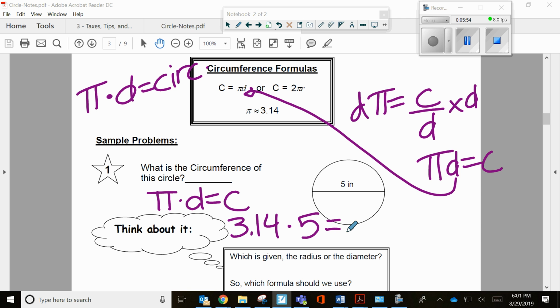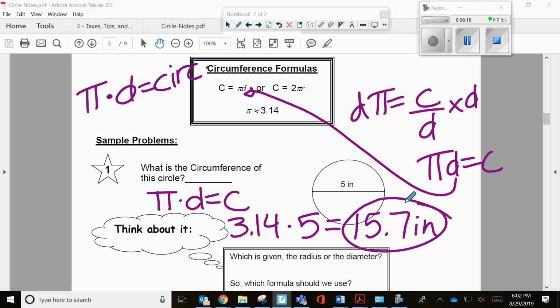I do not use the pi key, so I get 15.7 inches, okay? Circumference is essentially the perimeter of a circle. It's the distance around the circle, okay? So it's just like perimeter. It is just in units, not units squared or cubed, okay?